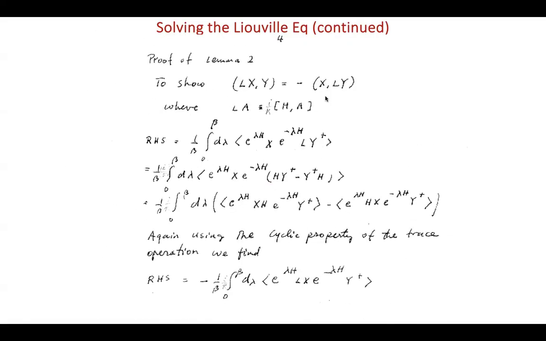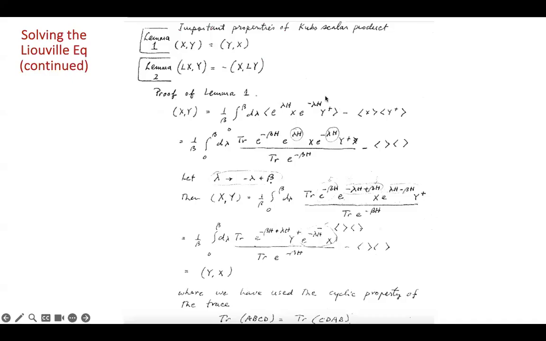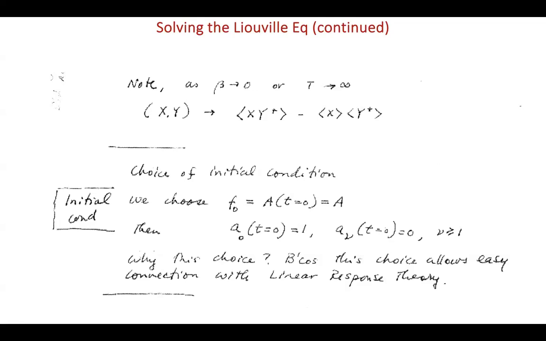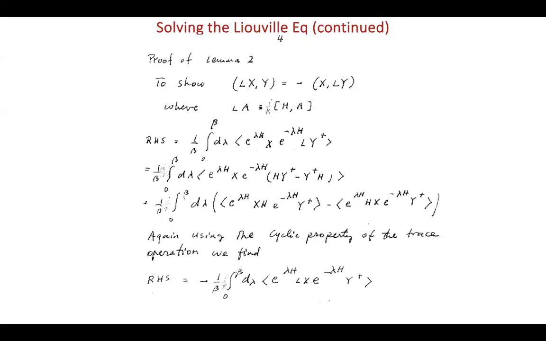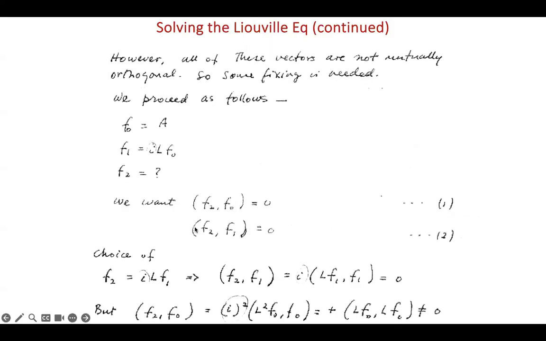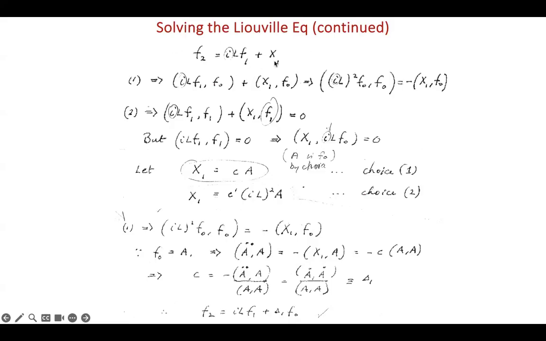By 1 and 2, I have 1 and 2 marked here. So where did I write that? And 2 is F2, F1 is equal to 0. So we want to insist that F2, F0 equal to 0 and F2, F1 equal to 0, 1 and 2 are both satisfied, for which we have assumed this form now.